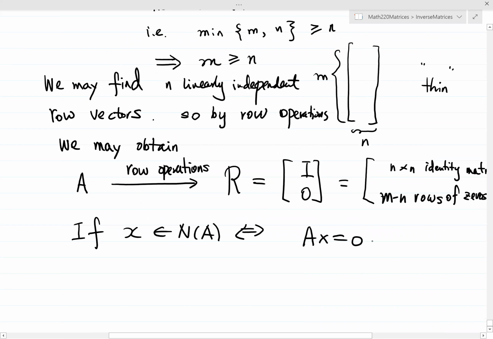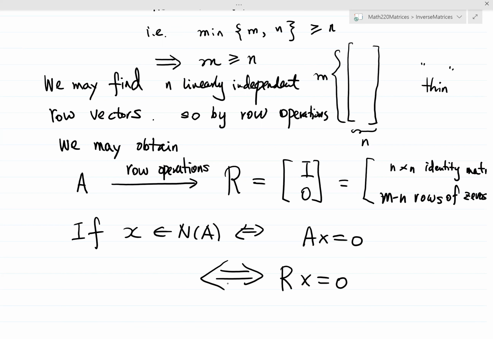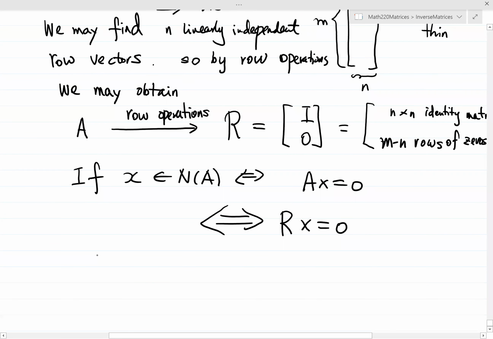Now we can do the invertible operation, so this means Rx is 0. We multiply by the row operation matrices, the elementary matrices, because they are invertible. So this is equivalent: if you have Ax equal to 0, you can do some operations and get Rx equal to 0. From Rx being 0, you can get Ax to be 0 by using invertible operations. So you get an equivalent statement.